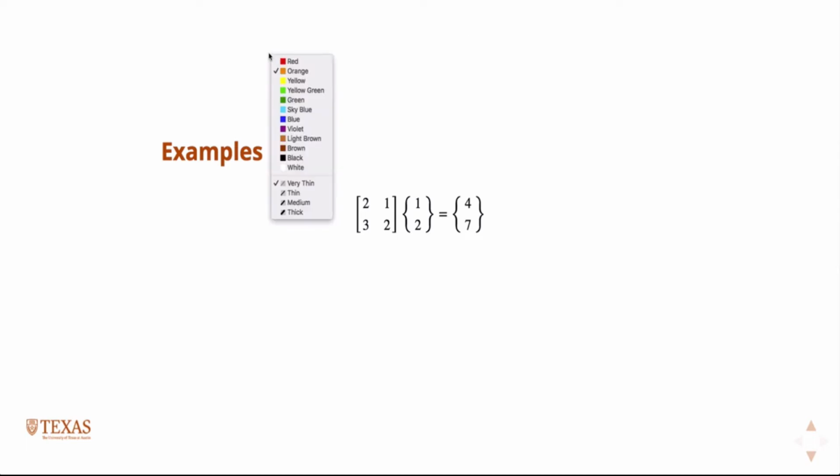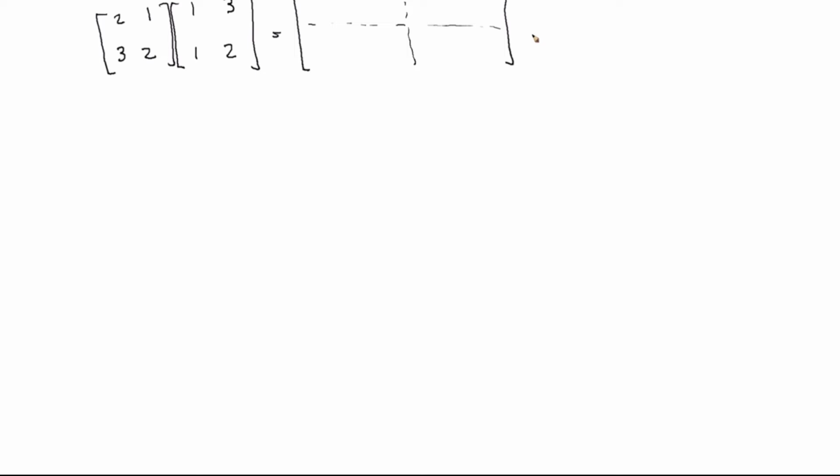We'll go ahead and look at a matrix. If we have a matrix 2, 1, 3, 2, we multiply another matrix 1, 3, 1, 2. I'm just going to write it out very explicitly here. Go slow. Our result will also be a matrix.